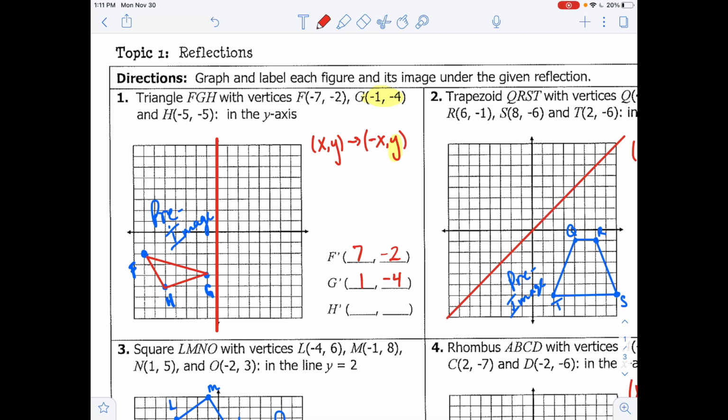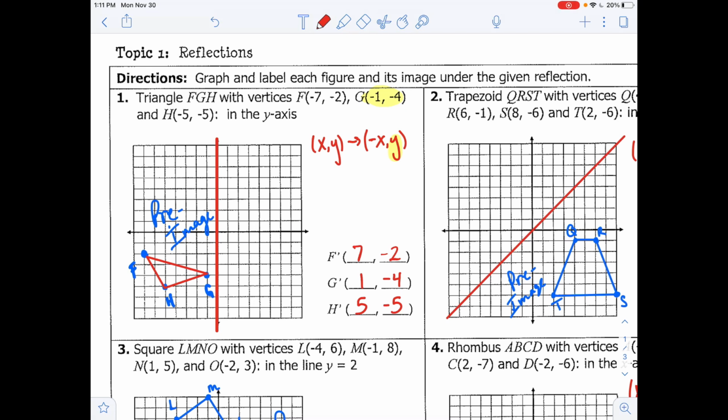And H prime, for our image, H is (-5, -5). We take the x, we change its sign, it becomes +5, -5. So (5, -5).